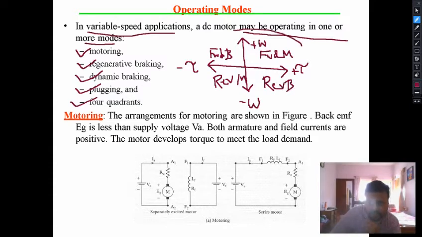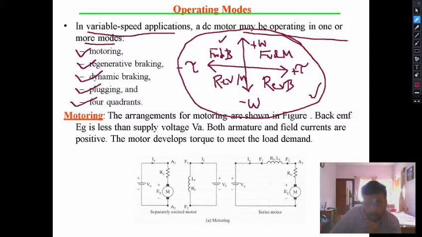So this will be the output of your motor drive. No matter in which way you are going to control, this will be your output. That means in the braking region it will be this or this. In the motoring region either it will be in this quadrant or this quadrant. Right?